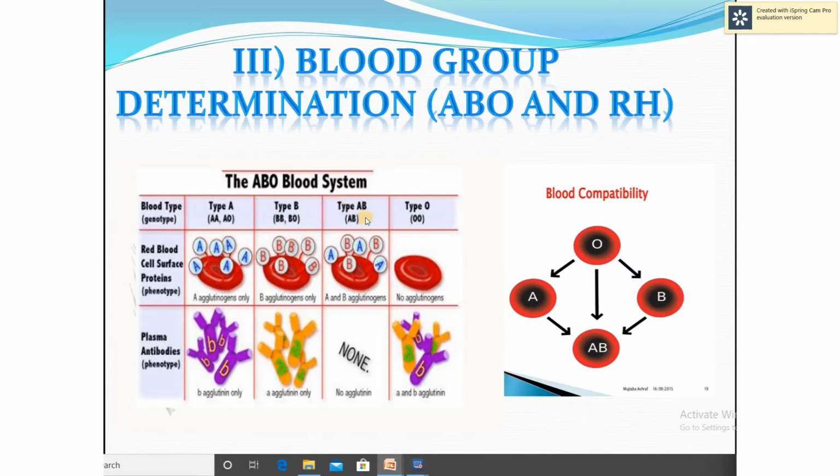If you are a type AB person, that is, if your blood group is AB, your RBCs would show A and B antigen on the surface, and there will be no antibody in the plasma.